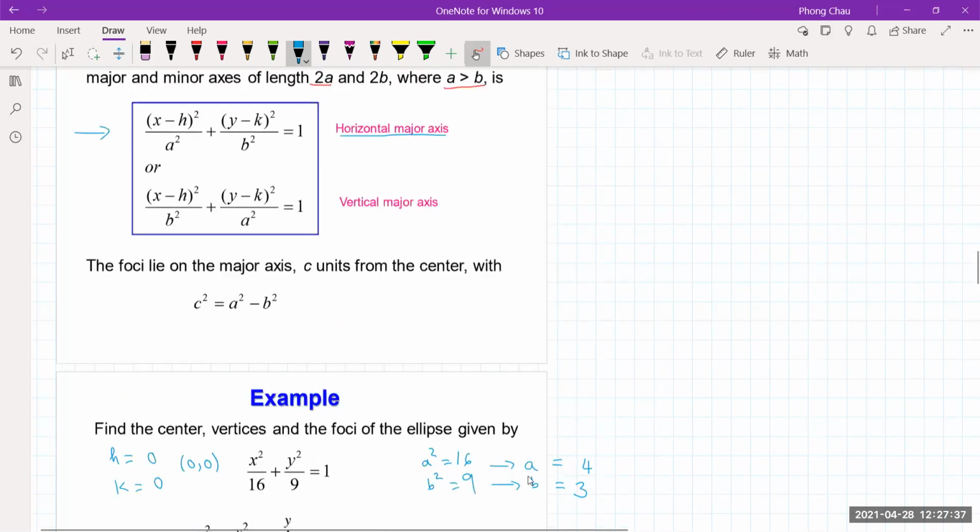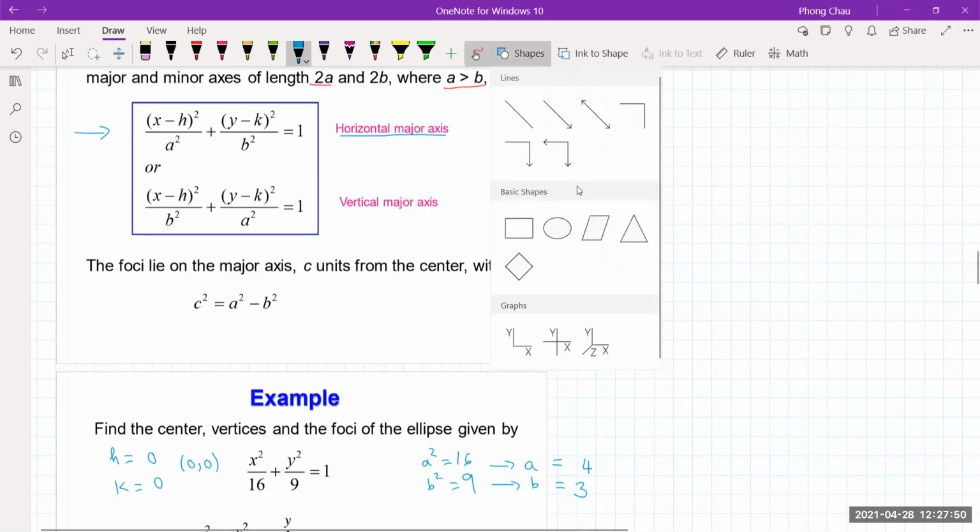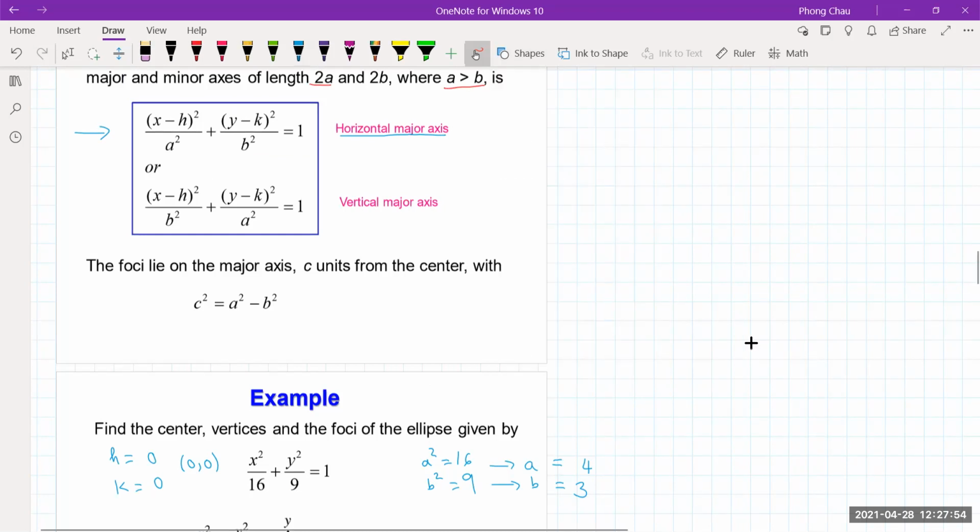Now, what does it tell us, right? So let me draw.